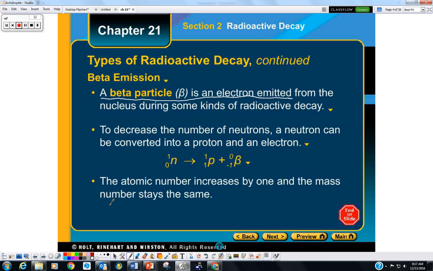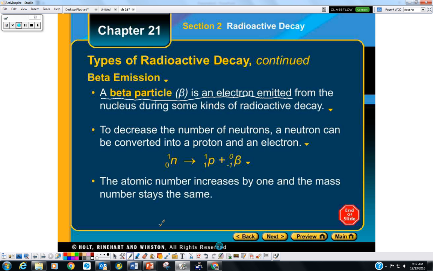Essentially, if you had thorium going through beta emission, one of its neutrons is going to convert into a proton, so the mass will stay the same because it emits an electron, a negatively charged particle, and that leftover material is now a proton.